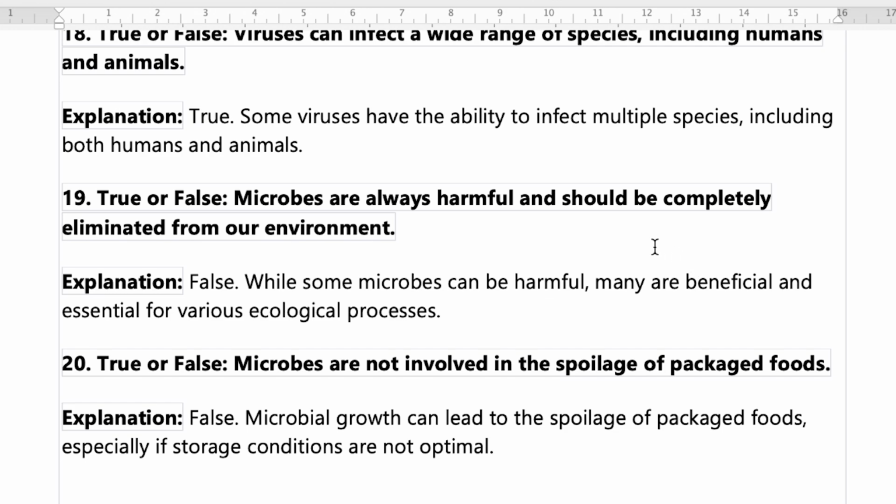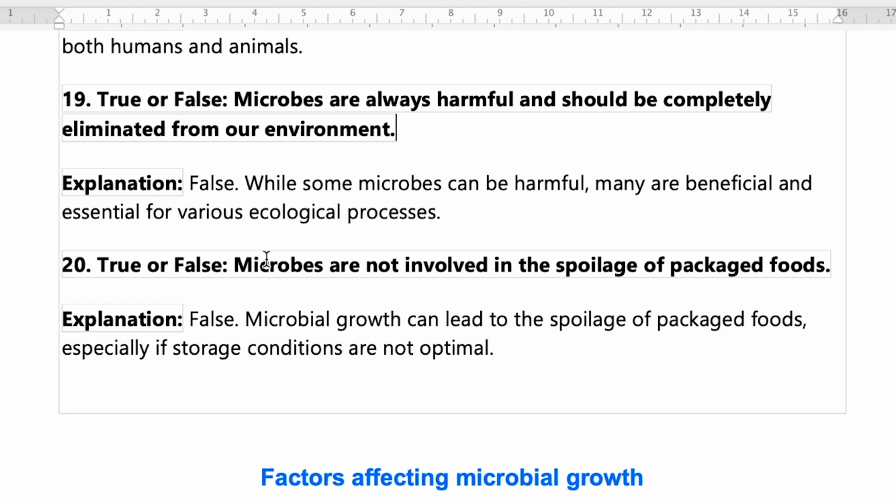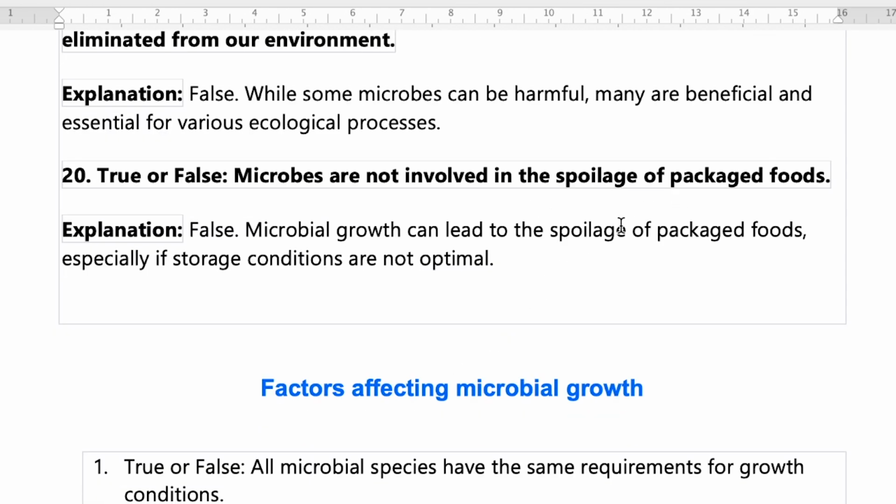Some of them are beneficial, like making bread or yogurt, things that we actually eat. Number twenty, microbes are not involved in spoilage of packaged food. Here they say that packaged food is sometimes not very optimal. So microbes may also be involved.